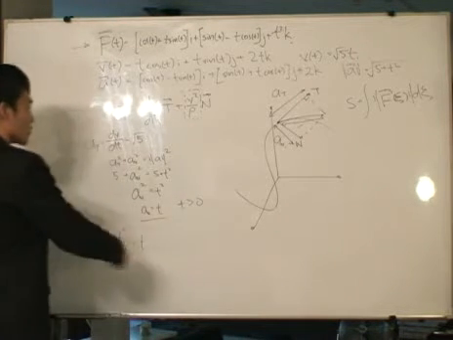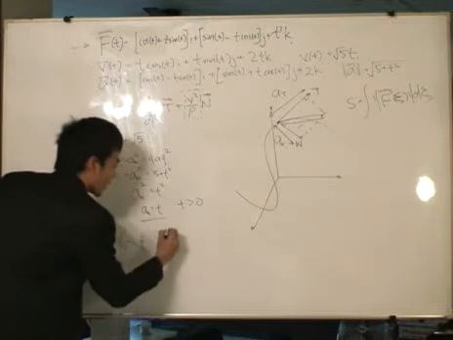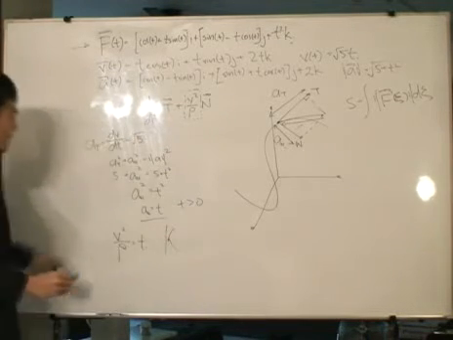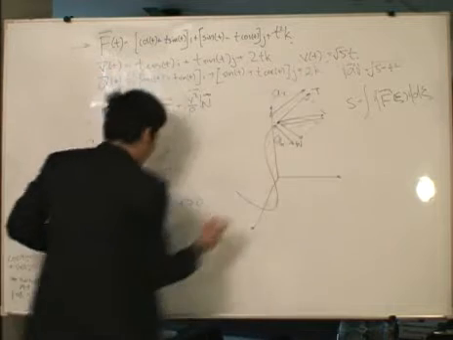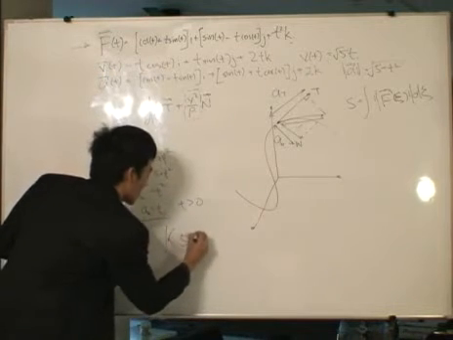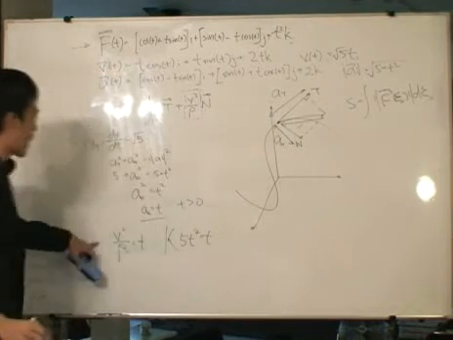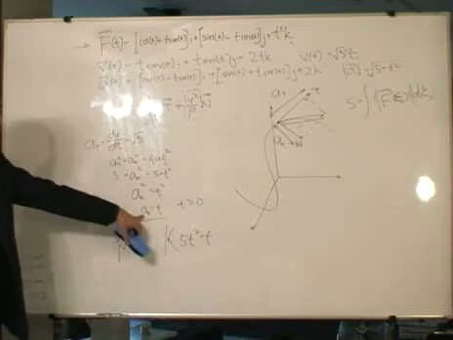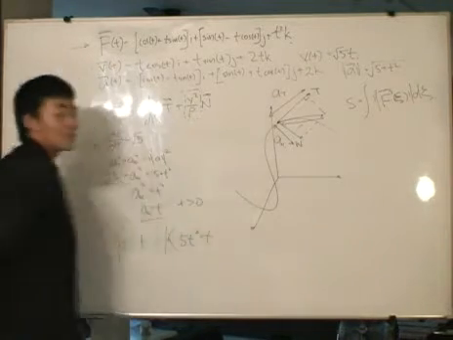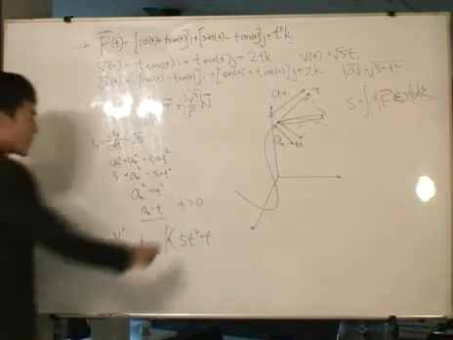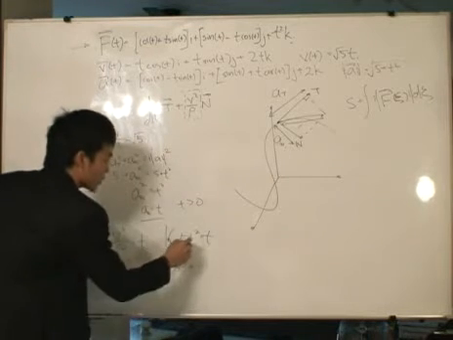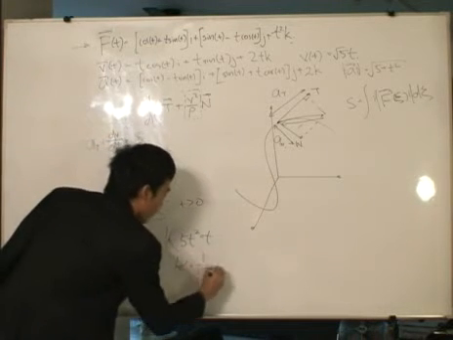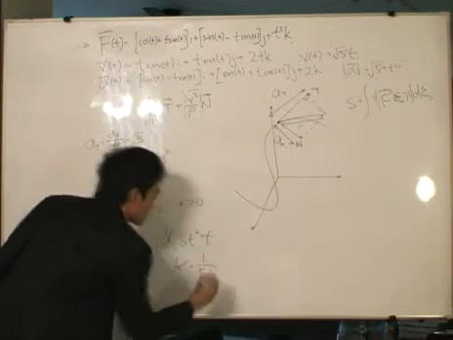If we rewrite this, it is kappa times velocity squared, which is 5t squared, and it is equal to t, because we found that the normal component via Pythagoras theorem, the geometric aspect, is equal to t. From this, we can find kappa, which is equal to 1 over 5t.